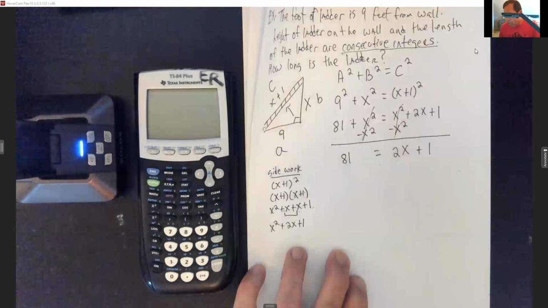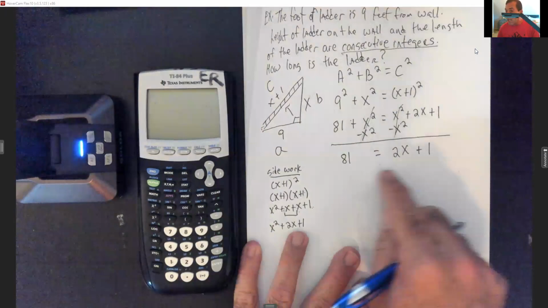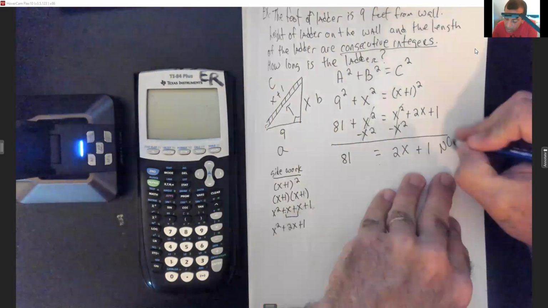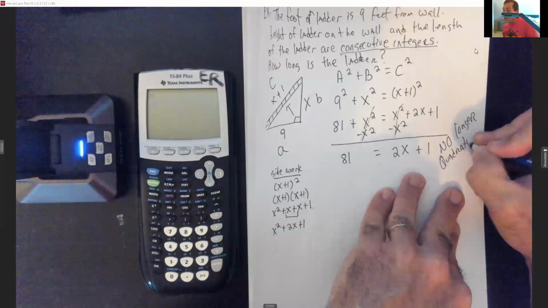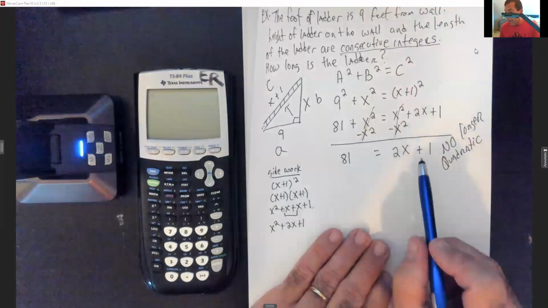So I love this problem because the x squareds canceled out and it's not even quadratic anymore. So this is no longer quadratic, since the x squared terms went away. All we got to do now is get the numbers over here and then divide by that 2, because all we got is 1x.